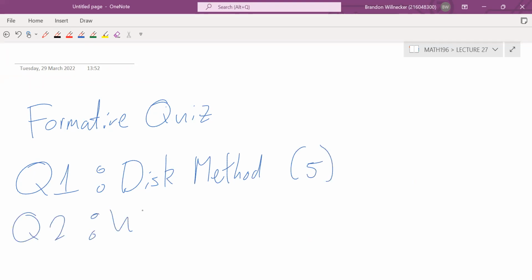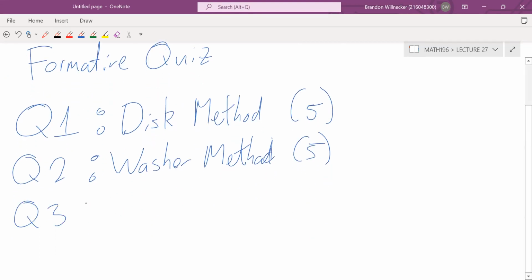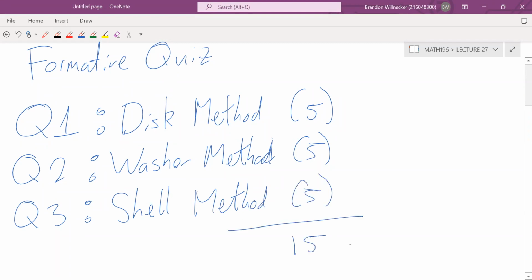Question 2 is on the washer method, out of 5. And then question 3 is on the shell method, also out of 5. So total 15 marks.